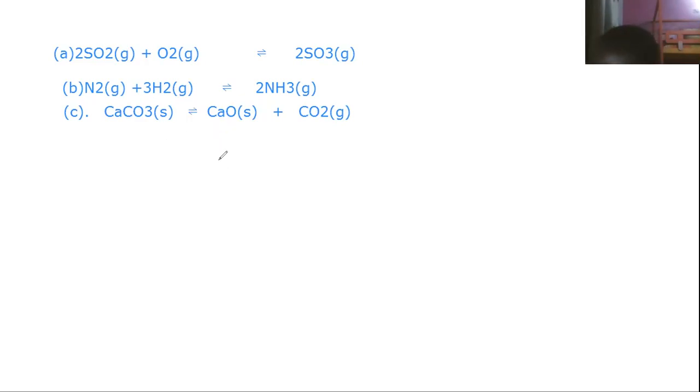That means we should be having the reaction rate as R equals K into, let me use the first one for example, SO2.